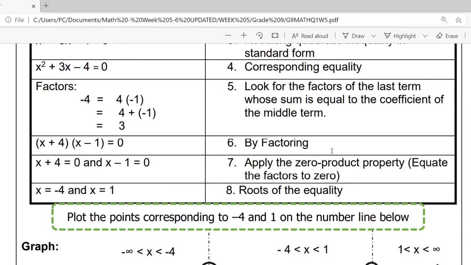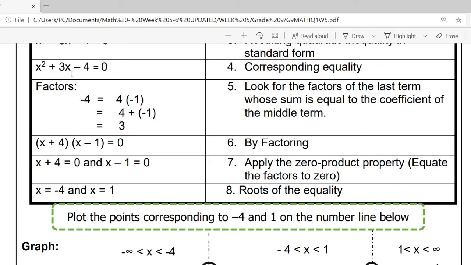What you will do next is look for the factors of the given equation. So the factors of -4 that, if you add them, will give you +3. The factors of -4 are 4 and -1, because 4 plus -1 will give you 3.